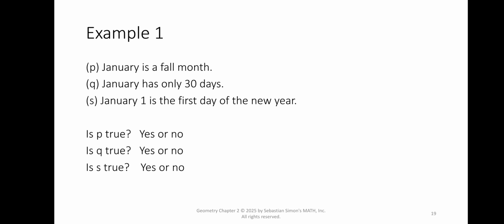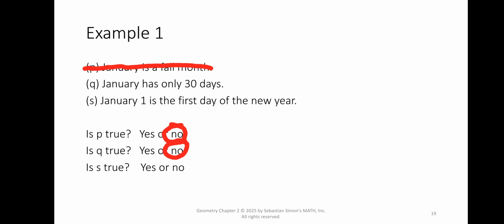January is not a fall month. It has snow in a ton of places. So, the answer to P is no. It's not true. Q and S, one of them has to be true. January has only 30 days. According to my calendar, January has 31 days.